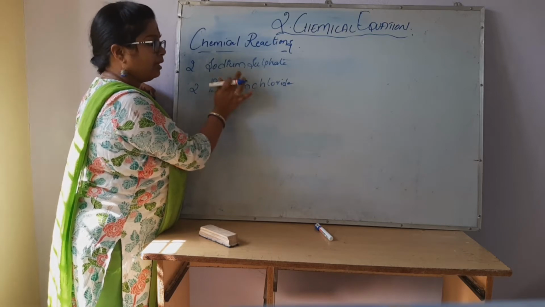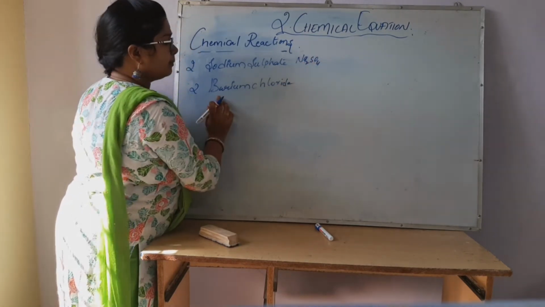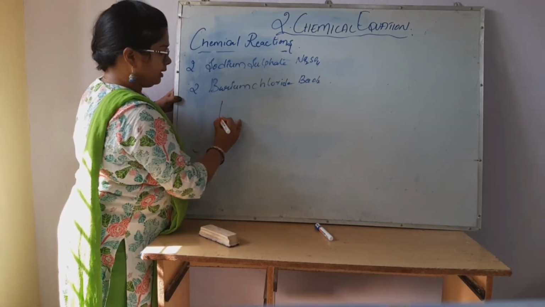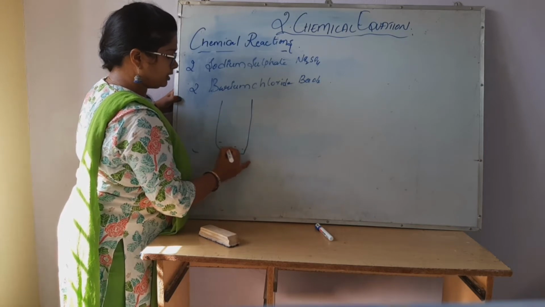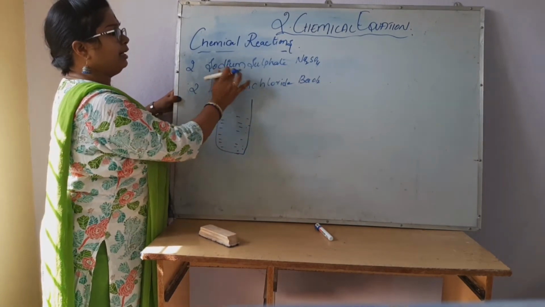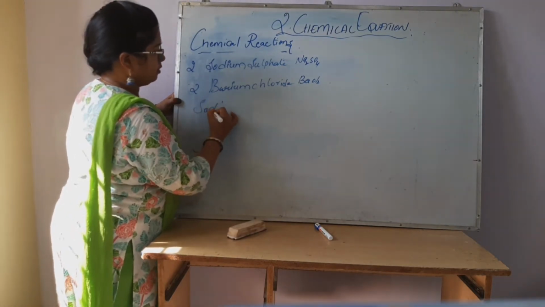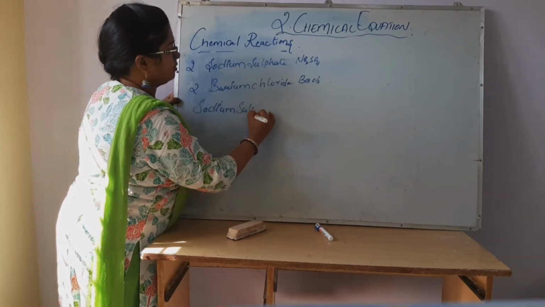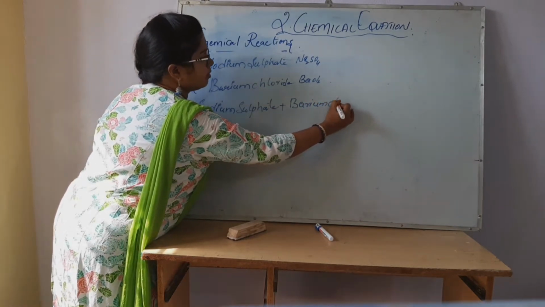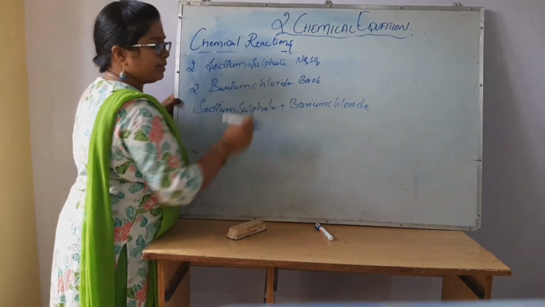When you mix these two in a beaker, sodium sulphate, Na2SO4, and barium chloride, BaCl2, what are you going to get? Sodium sulphate plus barium chloride.